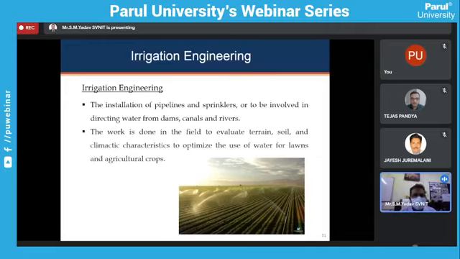So that is also one of the areas where the water resources engineer can work, where he can plan, design and execute the pipelines required to carry the required quantity of water to the watershed area or agriculture area which is required to be irrigated.